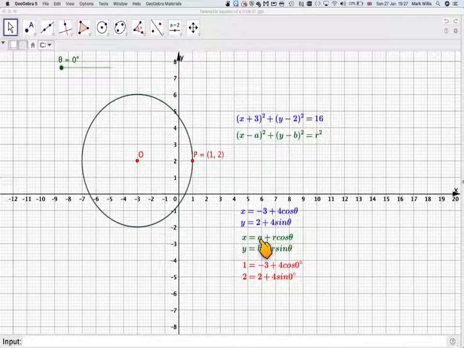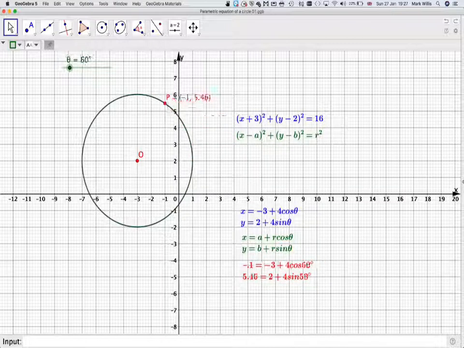So equations of this type, where x is equal to a plus r cos theta and y is equal to b plus r sine theta, which is what we had at the beginning, will give you that the x coordinate of the centre will be a and the y coordinate will be b, so (a, b). R gives you the radius.